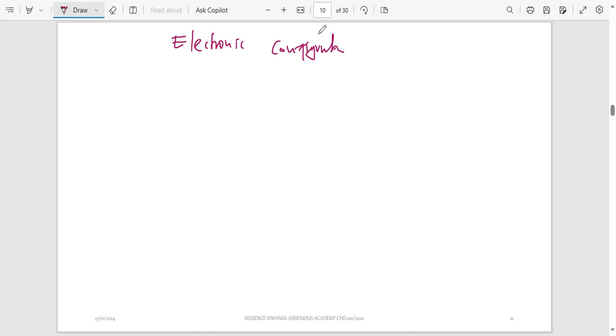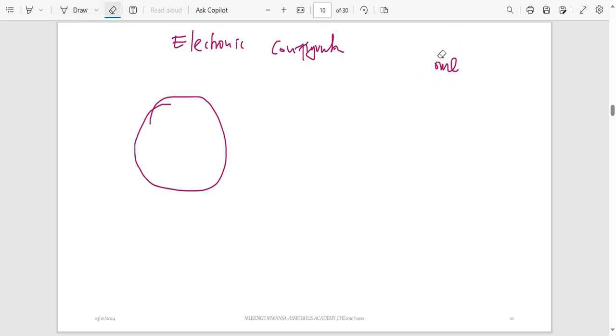Now, for you to be able to understand how to write electronic configuration, you need to understand that when you're talking about an atom, in these shells that you see, electrons are located. Think of it: if I say, Harry, where are you? If you say I'm at home or in the house, you're not being specific.